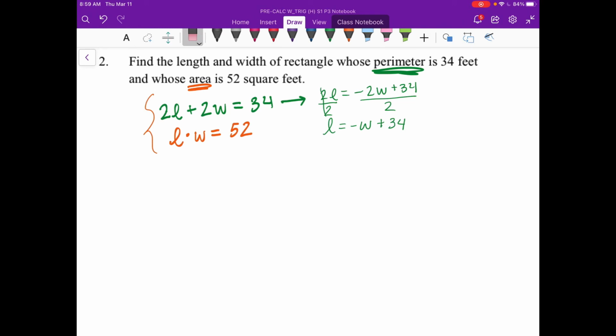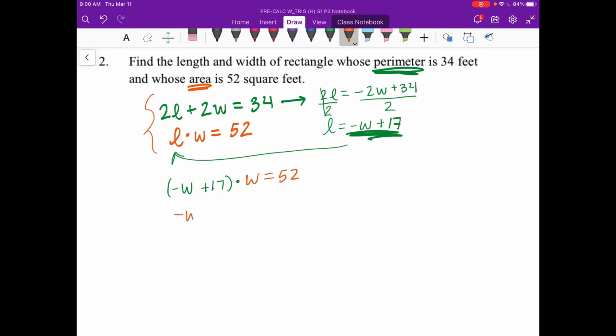Oh, sorry, I forgot to divide the 34 by 2, 17. Okay, so then we can take this, what L is, and substitute it into that so that I can start solving for one variable. So instead of L, I can say negative W plus 17 times W equals 52.